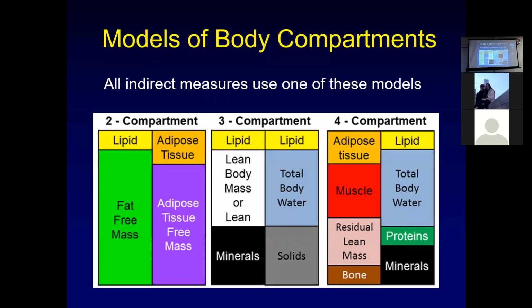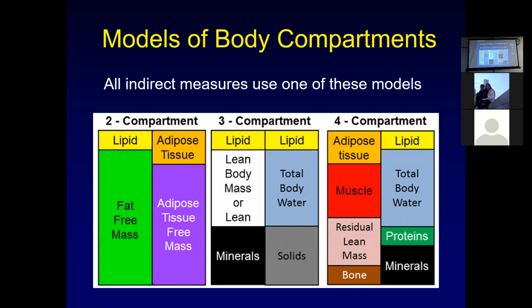We will talk about one 3-component way of assessing things, and then at some point, probably today, one of my graduate students will send you an email and say, hey, do you want to be in my dissertation study? As part of that, you can get a 3-compartment model assessment of your body composition.